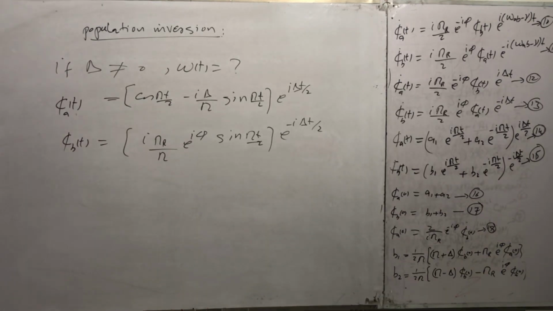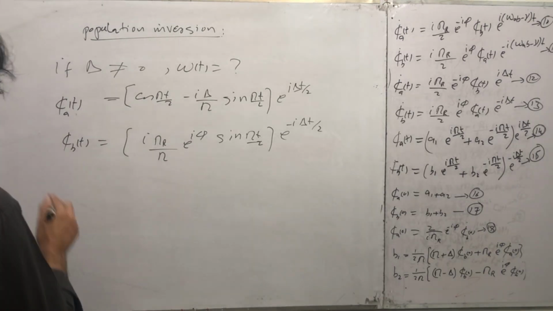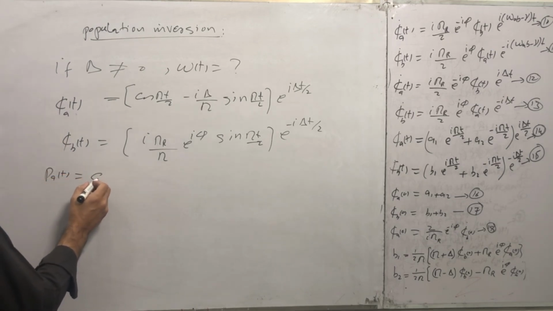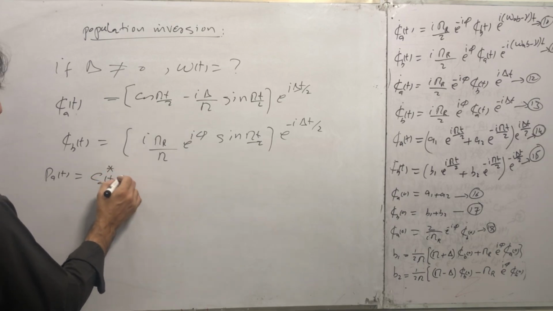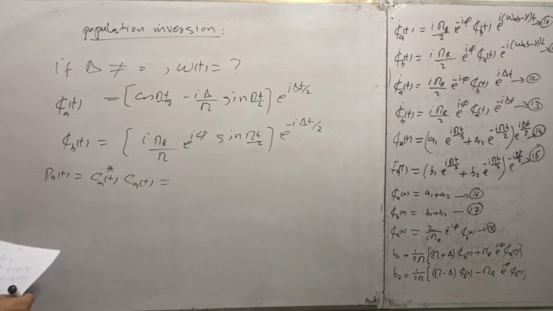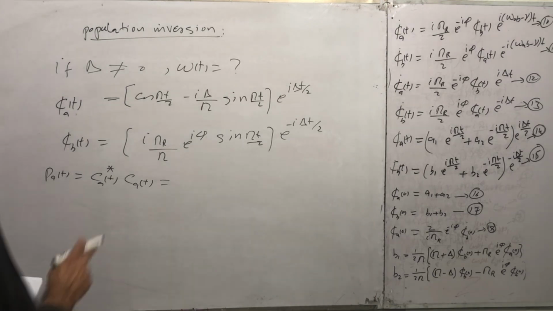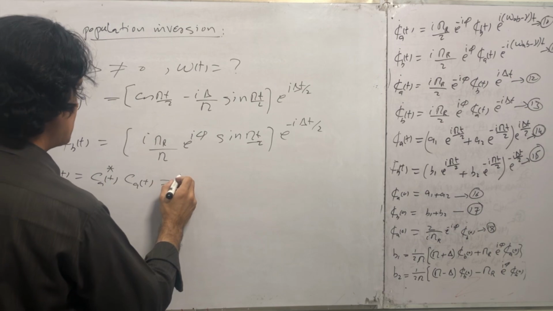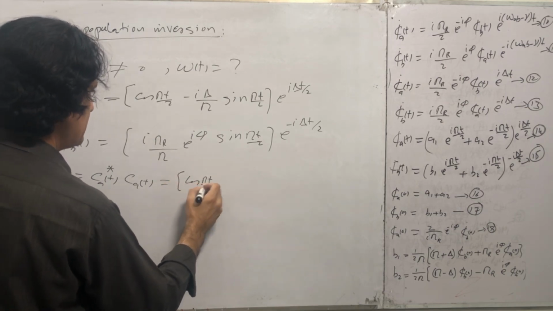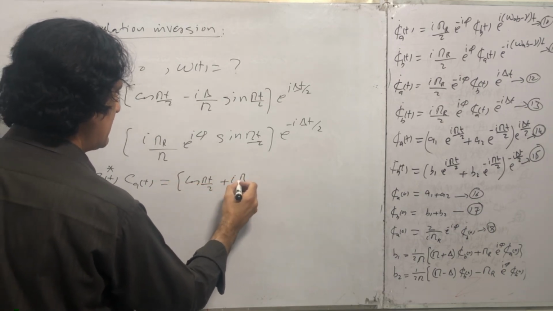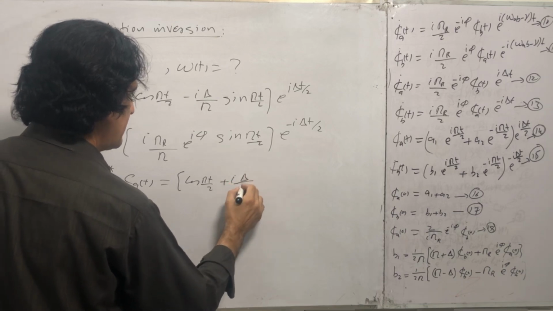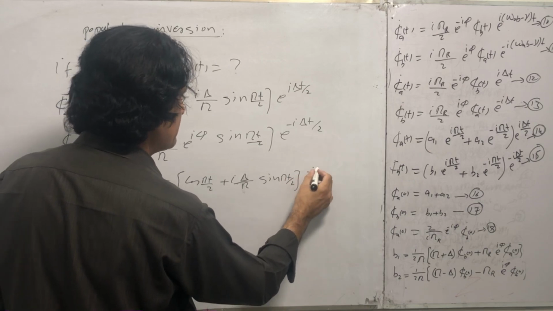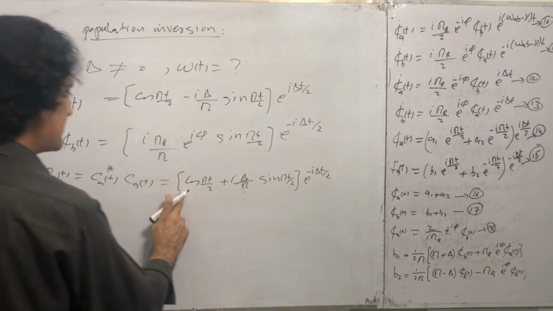So what will be the population probability P_A(t), which is equal to C_A(t) star times C_A(t)? So C_A star, if I take the star, is cosine of omega t divided by 2 plus i delta divided by omega sine of omega t divided by 2, and e to the power minus i delta t divided by 2. This is the star.